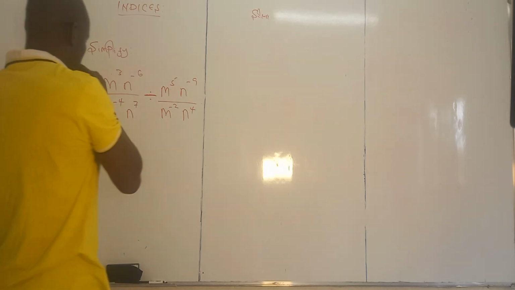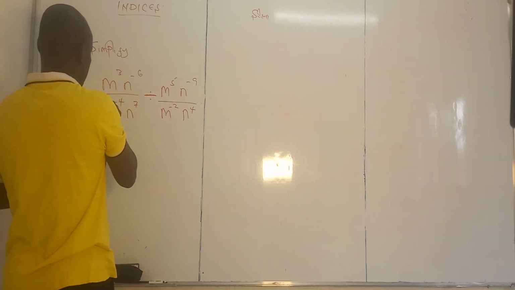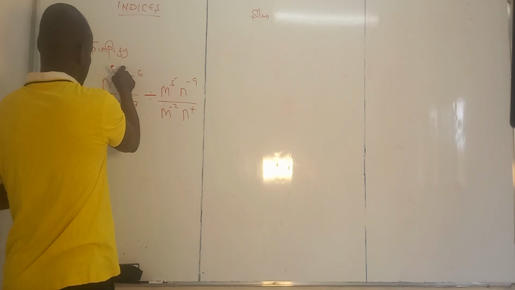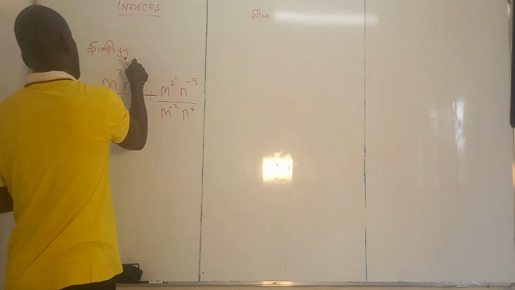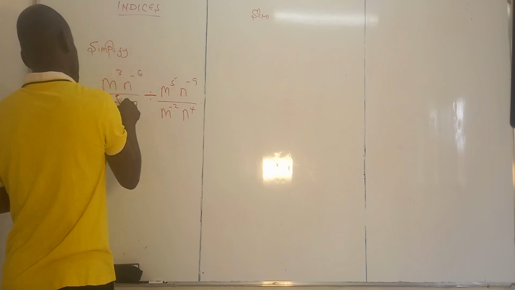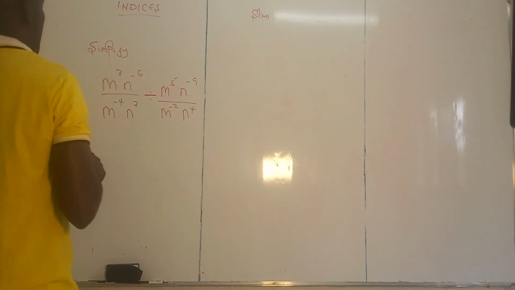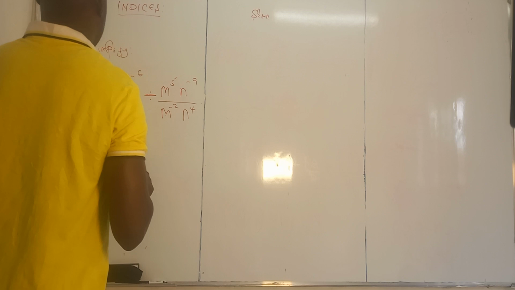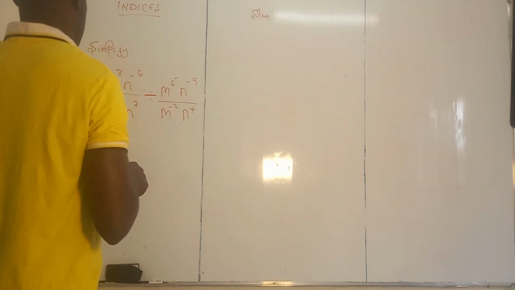And I see that this is m cubed times n raised to power negative 6. Now, that this is n raised to power negative 6 means that it is 1 over n raised to power 6. So what should happen is that we should be subtracting the powers.